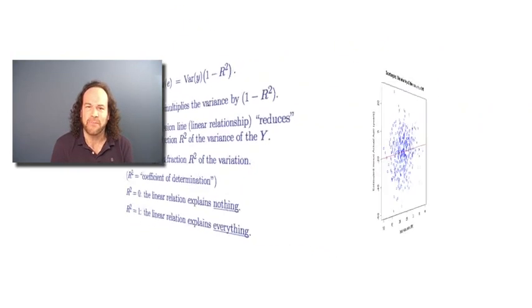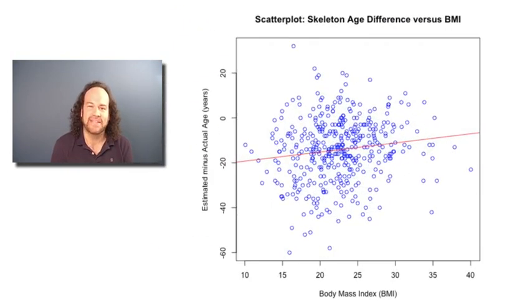For our first example, let's go back again to the skeleton example where we were comparing the age difference, regressing that as a function of the BMI, the body mass index. In that case, you can compute r squared either by working out the formulas that we talked about, or by computing the correlation and then squaring it, or by letting the computer do it for you. One way or another, you figure out that the r squared is equal to 0.0186.